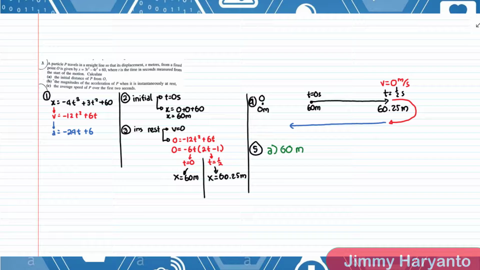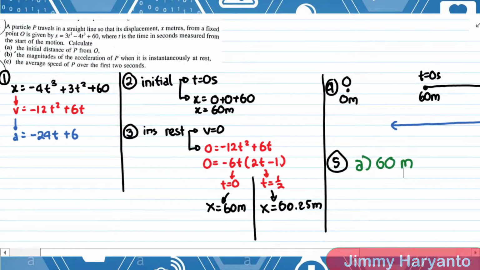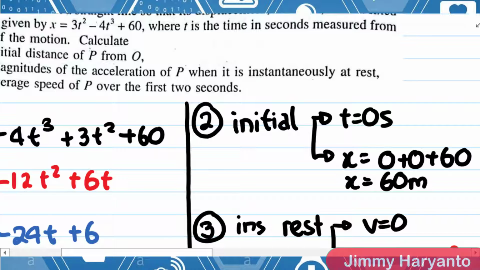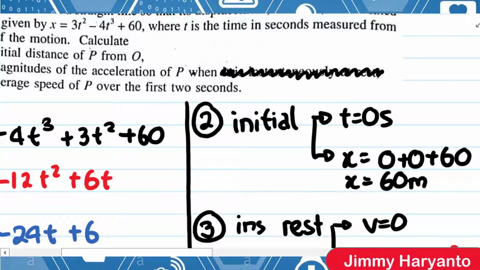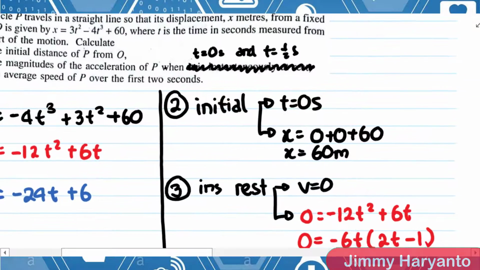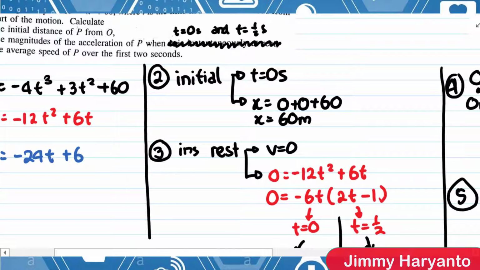Okay, next is the magnitude of the acceleration of P when it is instantaneously at rest. Because we already know the time, we can change the question: find the magnitude of the acceleration when the time is 0 seconds and when the time is half seconds, because instantaneously at rest happens when the time is 0 seconds and also half seconds.